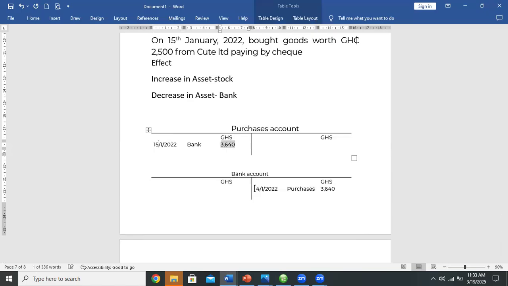Then when you look at the bank, that was a decrease in assets. And we saw that when assets decrease, we credit, right? So we credit our bank. The details will be purchases, 2,500. And that's all.